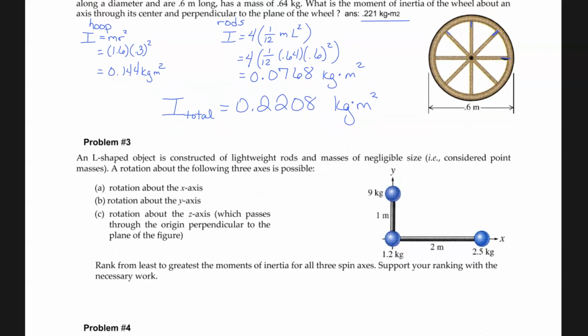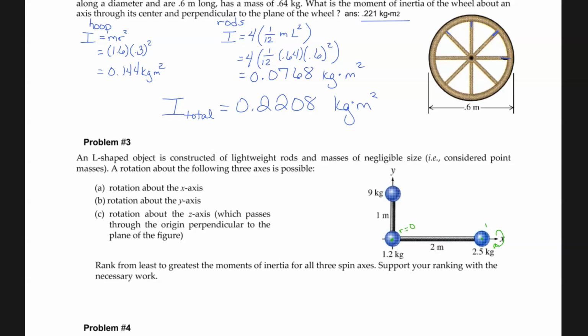Now, if I have a shape like this, we have here an L-shaped shape. It has 3 balls that are connected with rods. First, we want to look at the moment of inertia if we're rotating about the x-axis. If I rotate about the x-axis, this is on the axis, so its distance out is 0.